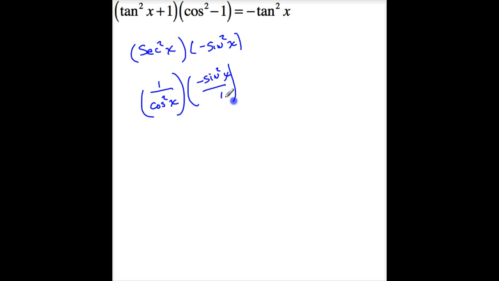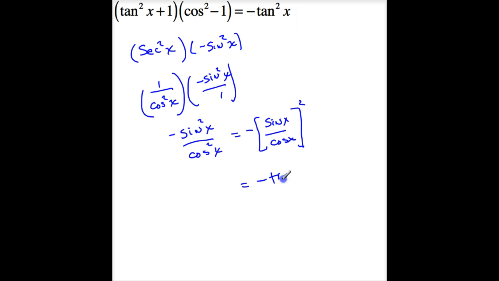And I'm going to put this over 1 just for symmetry's sake. So this is minus sine squared x over cosine squared x, which is minus sine x over cosine x squared, which is minus tan squared.